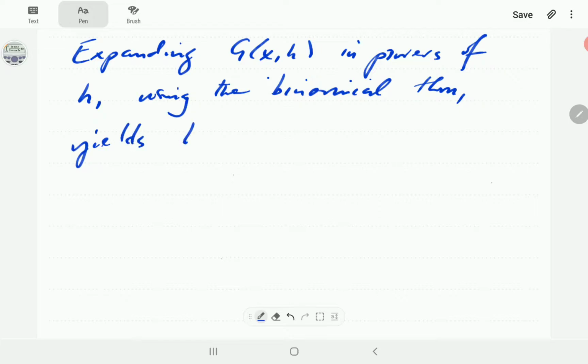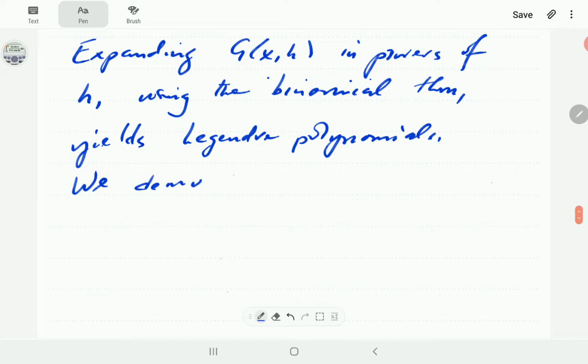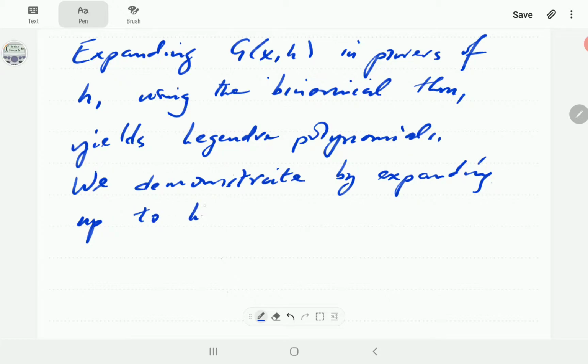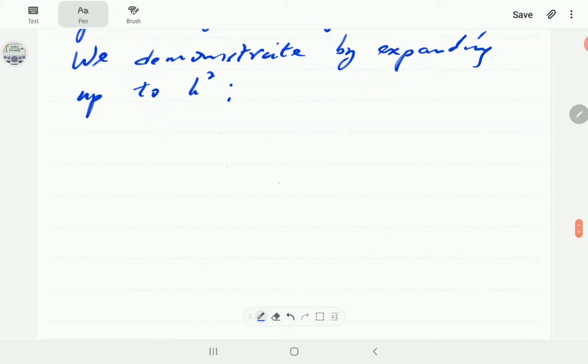This is going to yield our Legendre polynomials. We demonstrate by expanding up to h squared.